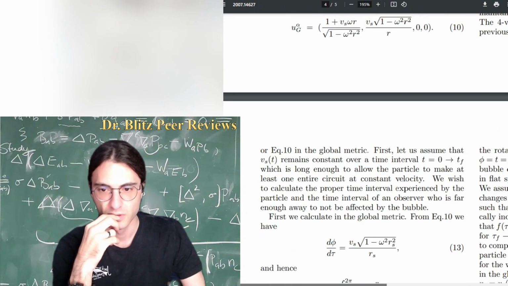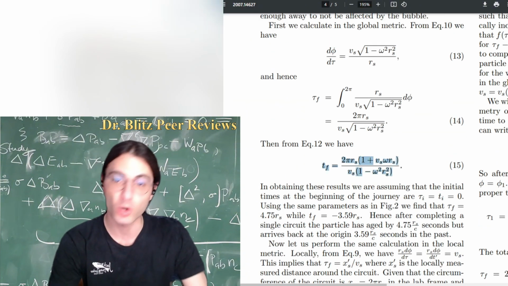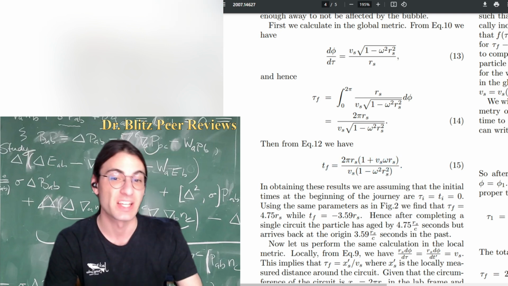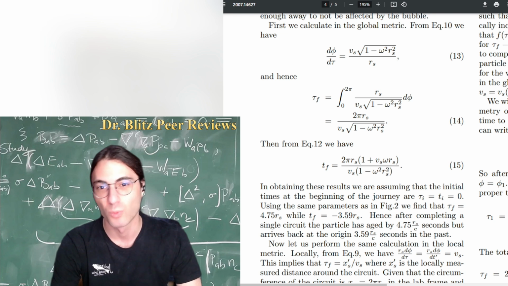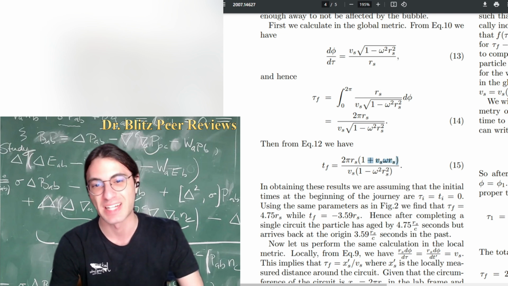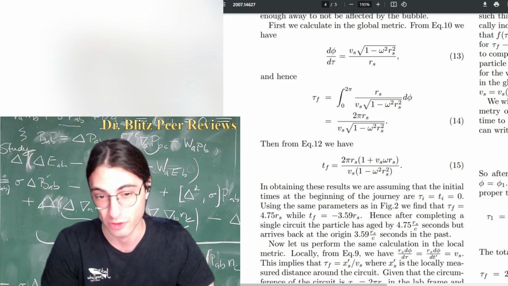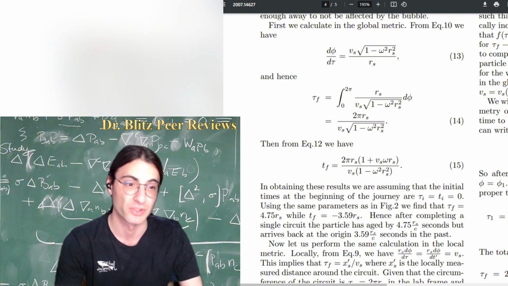From equation 12, they get that the coordinate time experienced is here. So, one important feature is that if this is negative, v_s minus omega r_s, then the coordinate time experienced will be negative, which is very weird. They're going to give us some examples, so we'll see.